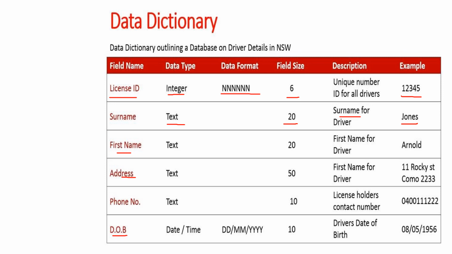The data type is date and time. So you have the format, and you put the field size or characters, and then you put the driver's date of birth as a description, and then you put an example. So that is what the data dictionary looks like.